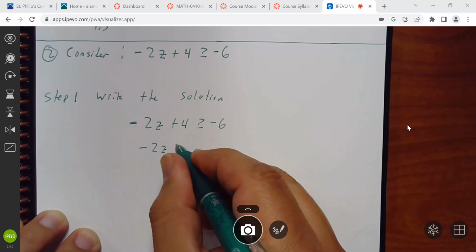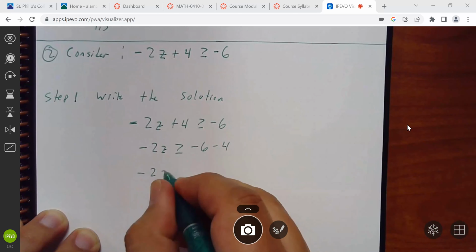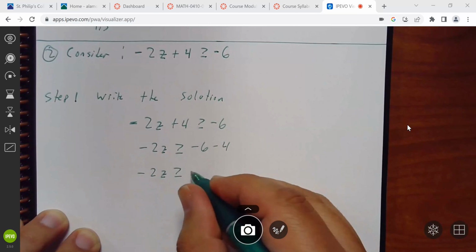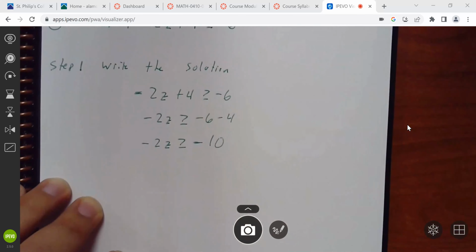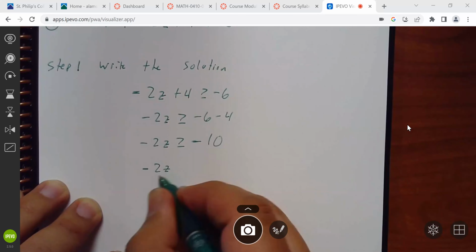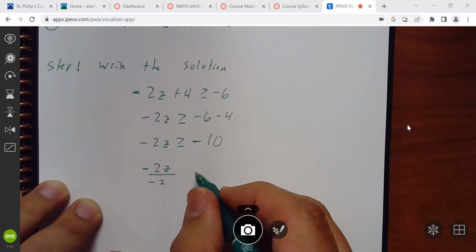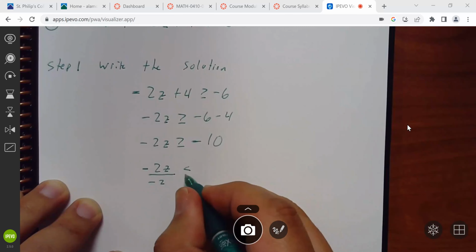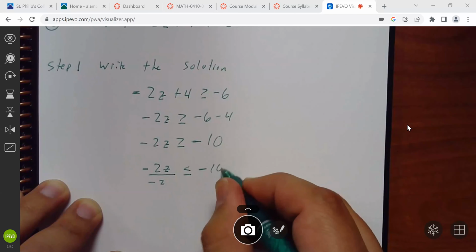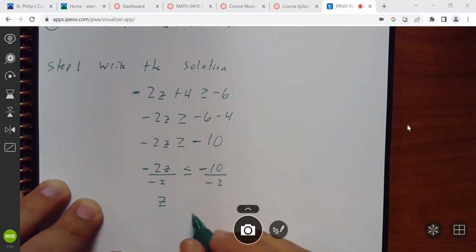Then you get your 5, right? What happens to the inequality though? It flips. As we divide by a negative, you have to change it.